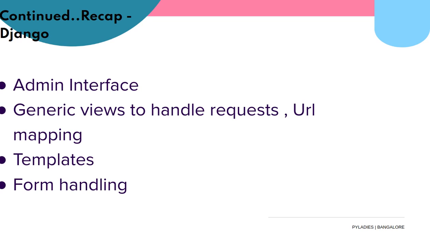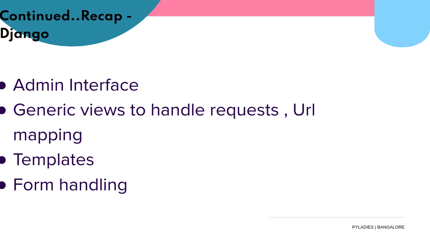Then coming to the views, the views allow you to handle requests and responses, and that's where the core logic of your application is written. And then you have the URL patterns. Django runs through each URL pattern, and these URLs are mapped to the views.